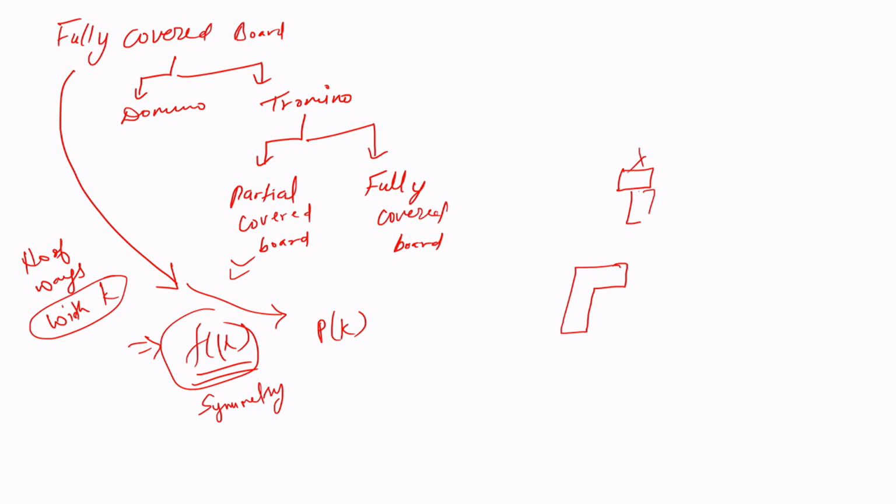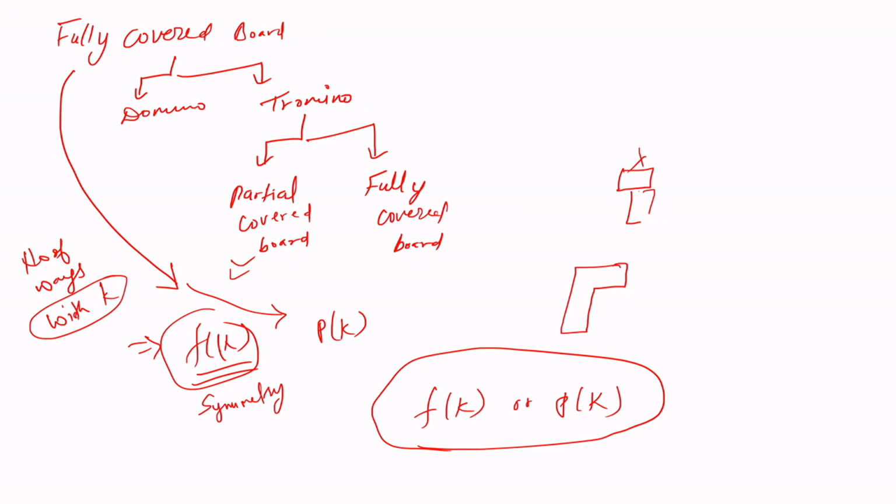So we can determine the number of ways to fully or partially tile a width k by considering every possible way to arrive at either f of k or p of k, either both of them, by placing either a domino or a tromino.